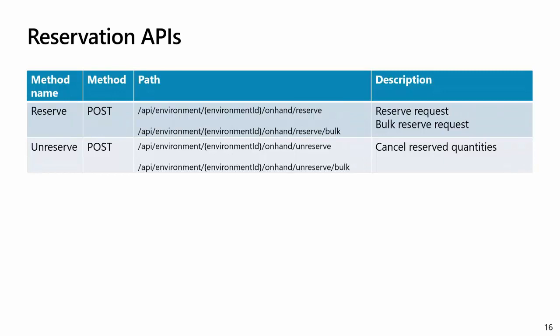Both of these APIs support bulk operation, where you can put multiple reserve and unreserve requests into an array and put them inside the request body. To cancel the reservation, you can either use unreserve, or post a negative quantity and deactivate the available for reservation check using the soft reserve API directly.